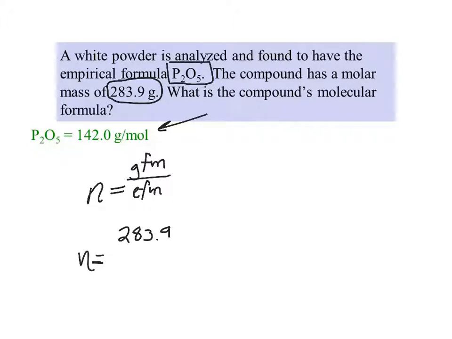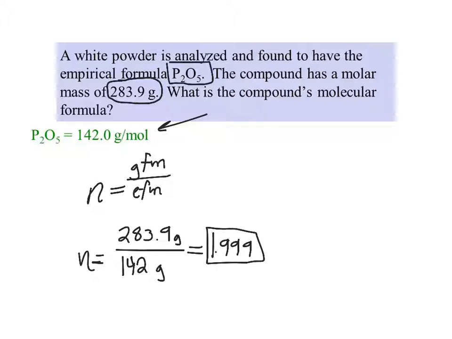That is the mass of the actual compound. And the mass of the EFM was 142 grams. When I divide this out, I get a value of 1.999, which is right at 2. So this number here is just at 2.